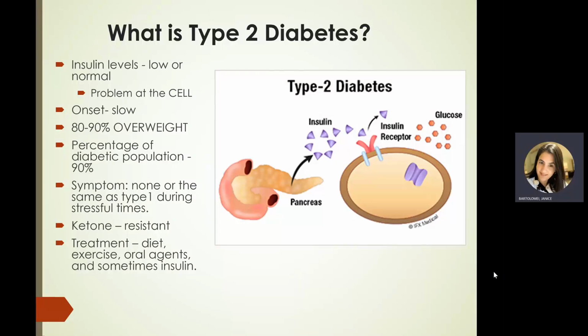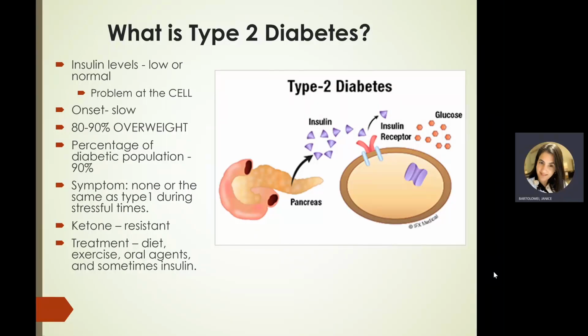The onset is pretty slow, so these people could be pre-diabetic for a long time and not realize it. They ignore a lot of the signs and symptoms, and then something happens that makes them seek medical help, and they're diagnosed, or they start developing complications, and that's when they are diagnosed.